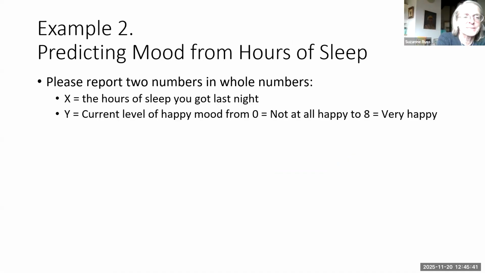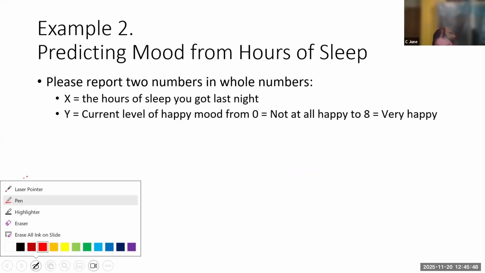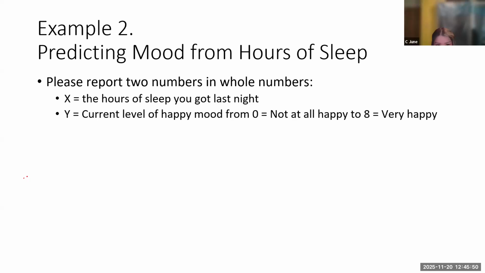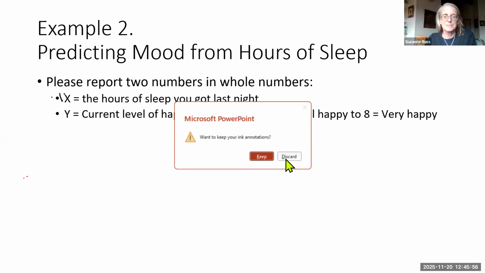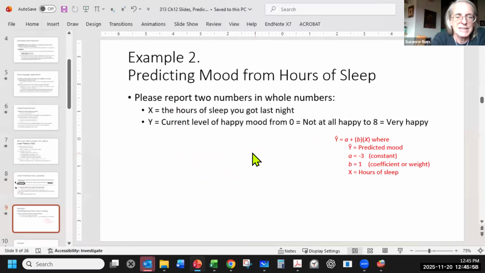And what's your mood from a score of 0 to 8? 0 being unhappy. I would say I'm a 5. All right, you're kind of in the middle right now. Let's write those down. So we have X equals 6, and Y equals 5.